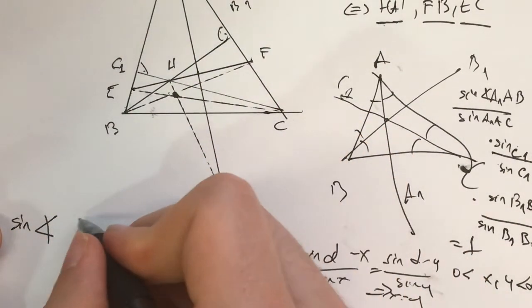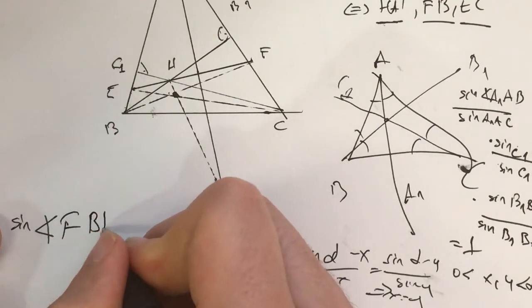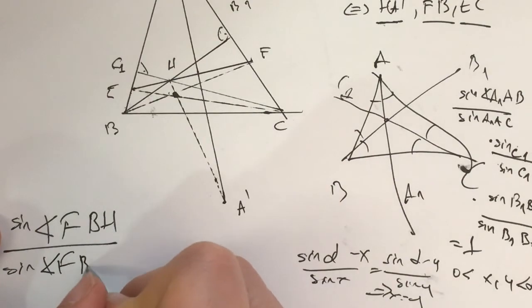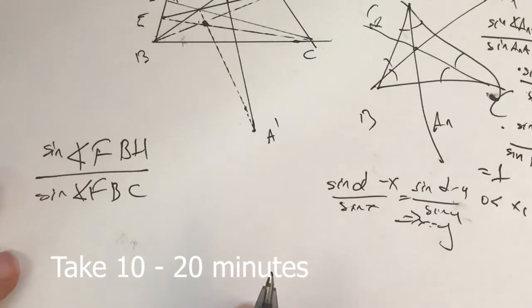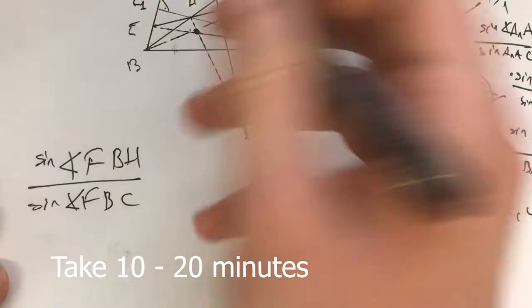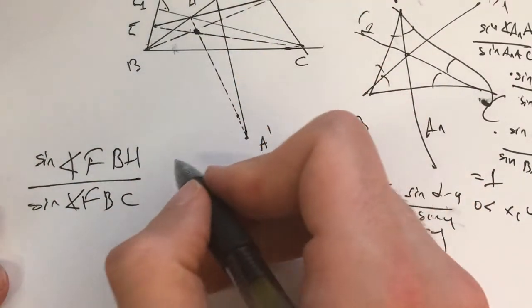So we'll have the sine of FBH over the sine of the angle FBC. In fact, I invite you to try to prove this. Take 10 to 20 minutes and try to prove that this trigonometric sine Ceva is true. It's a very nice proof to actually finish this.